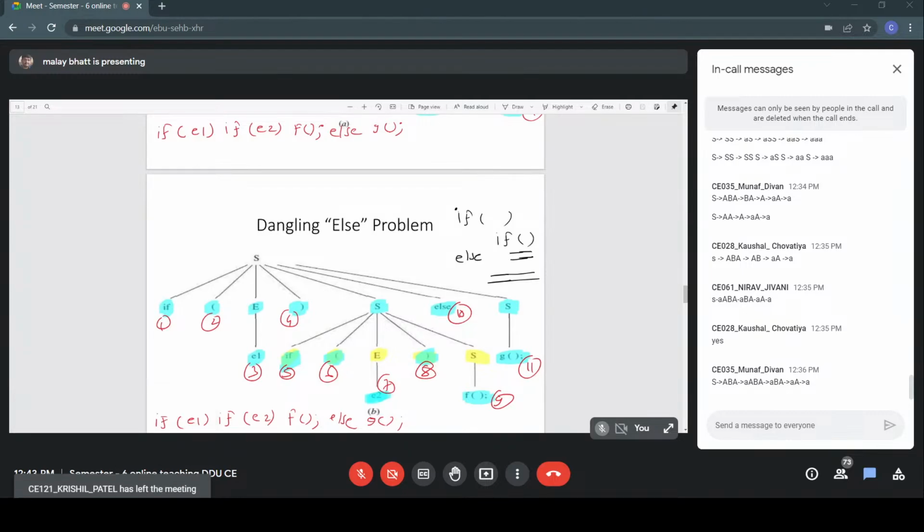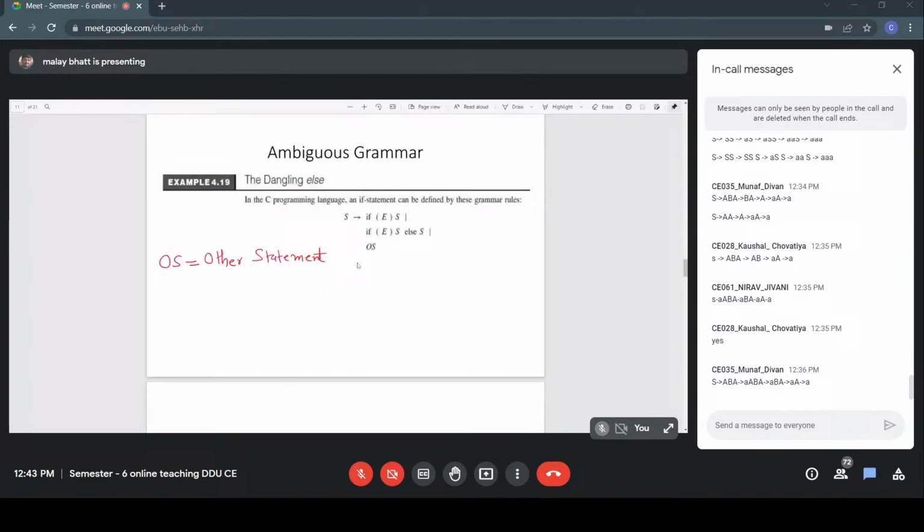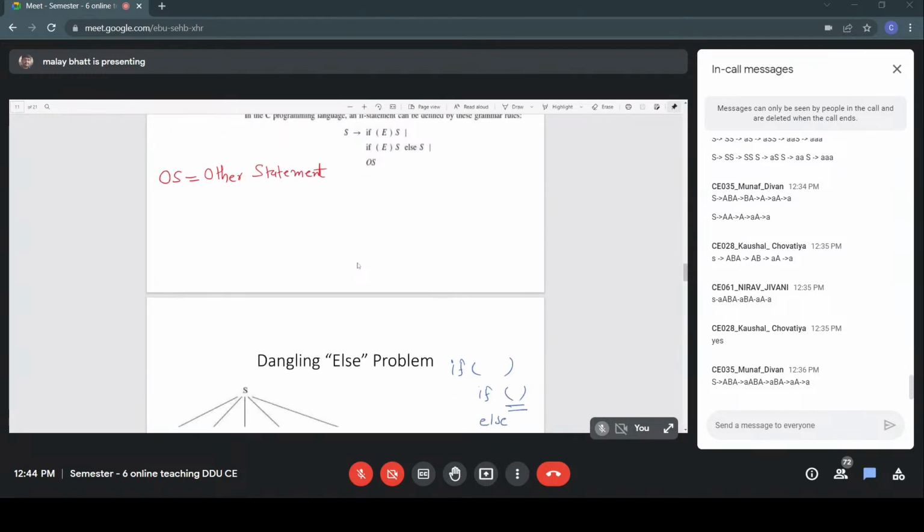When you write this statement in the program, if you are using an ambiguous grammar like this, what will happen? The role of else is not clear, whether that else is linked with the outer if or with the inner if statement. So this is an ambiguous grammar for the if-else statement.